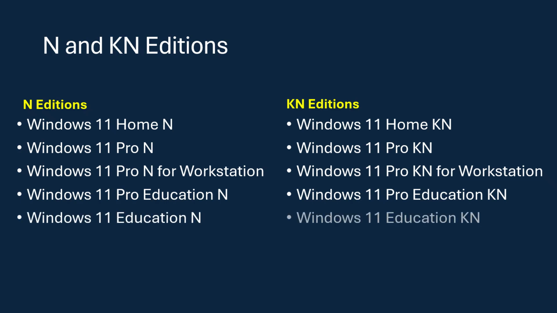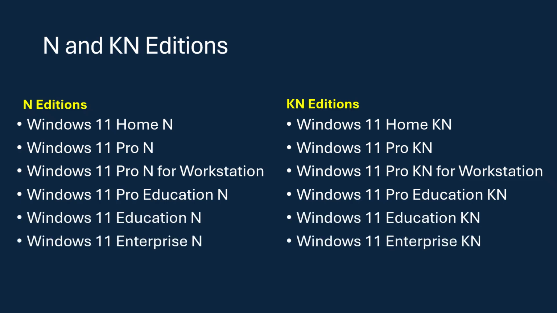This is for your information, so that if you come across these N and KN editions, you know they are the same as the official editions, but without some multimedia programs and features.